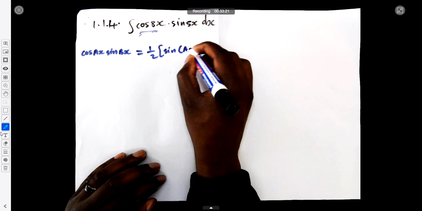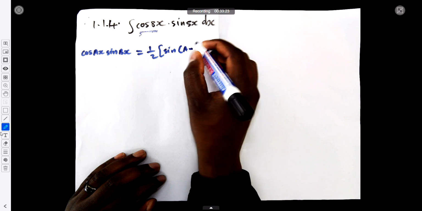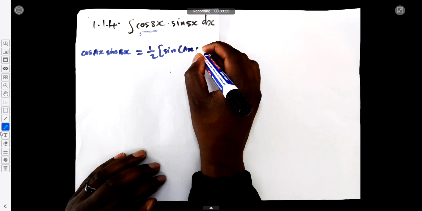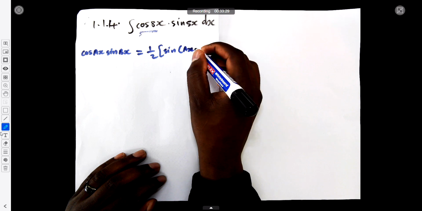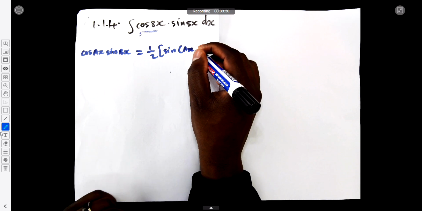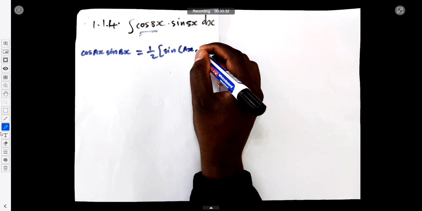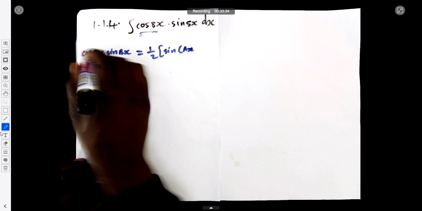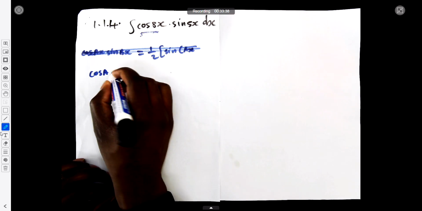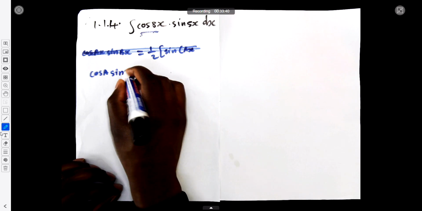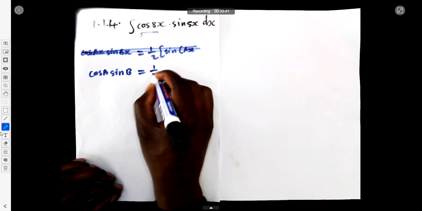Therefore, let me utilize the angles too. Okay, let me remove the x's, to make sure that you see that cos A sine B equals half.